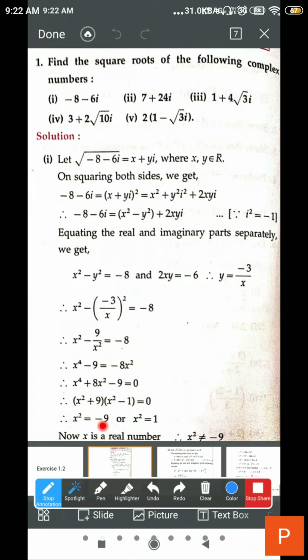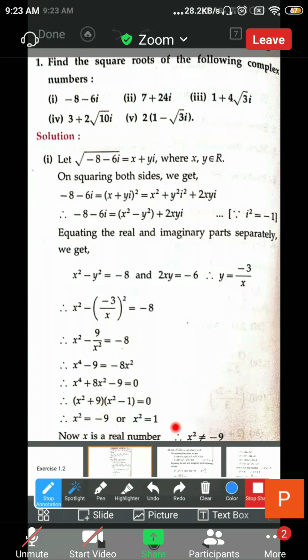Then whether you are making the square of any positive or negative number, it is always positive. A negative value is possible in imaginary numbers only. That's why x square is equal to minus 9 is not an acceptable value. Then we have to take x square is equal to 1 only.